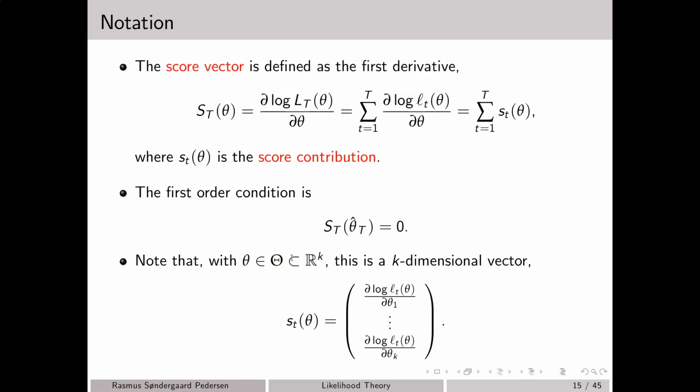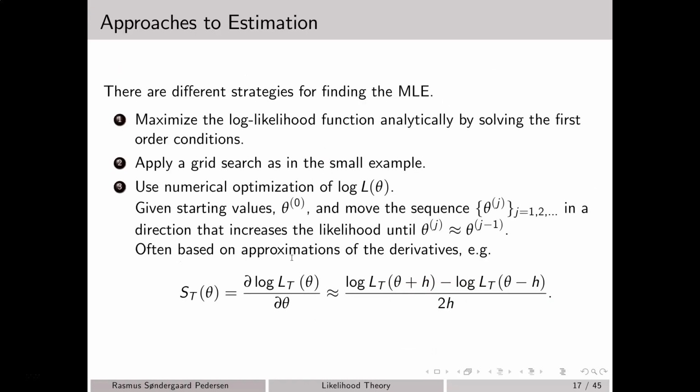But in more complicated settings, we cannot solve this first order condition. So what we can do instead is some kind of grid search. We can choose some plausible values of theta, and then try to figure out which one of these plausible values of theta gives us the largest value of the log likelihood function.